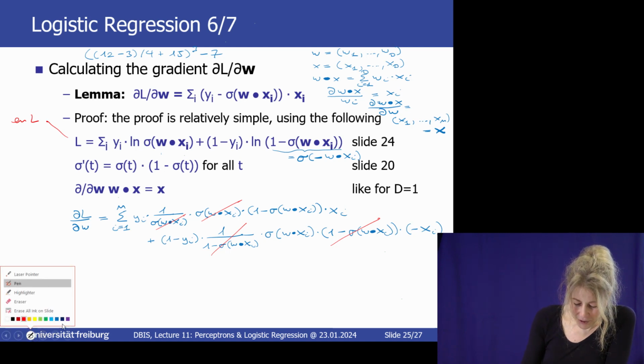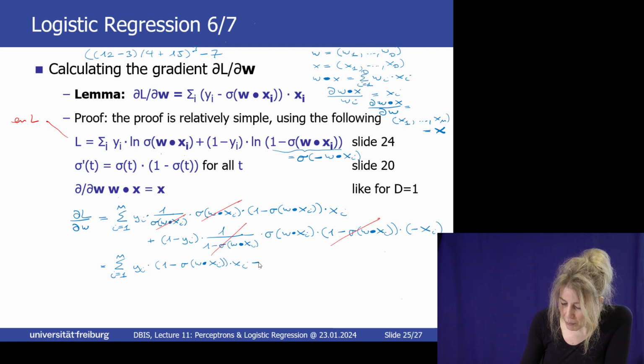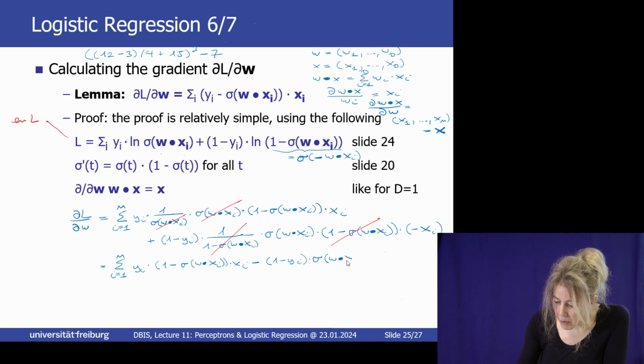So let's see what comes out. It is equal to the sum from i equals 1 to n. It's always a sum over these things. It already simplifies quite a lot: yi times 1 minus sigma of w xi times xi, minus 1 minus yi times sigma of w xi times xi.